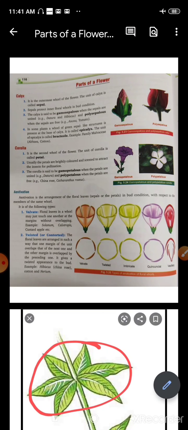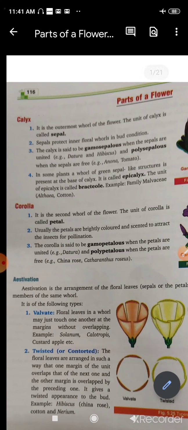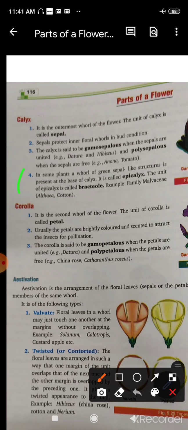We start with the outermost whorl of the flower, and the outermost whorl of the flower is the calyx, right? This whole whorl, this whole arrangement, is known as the calyx, and each unit, this is one unit, this is another unit, is known as the sepal.